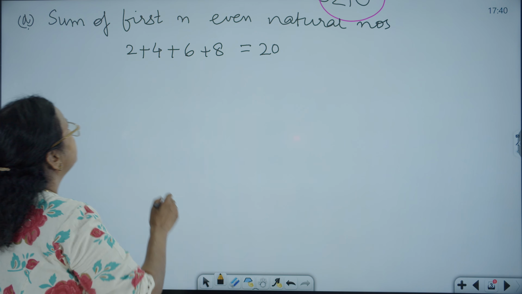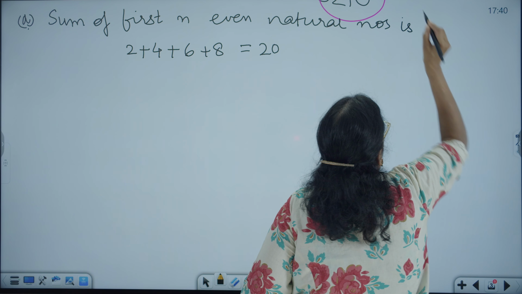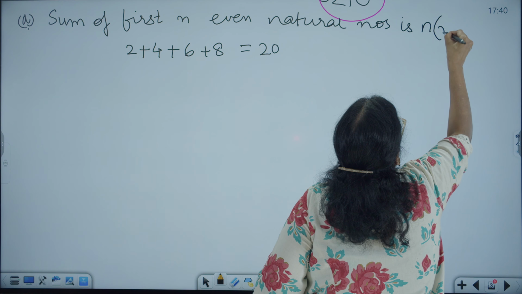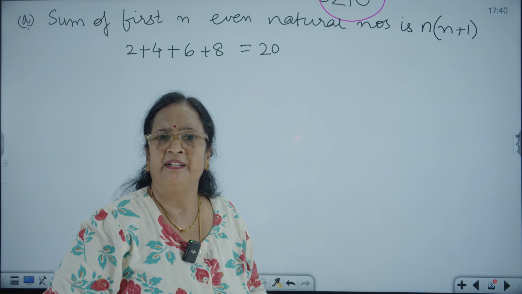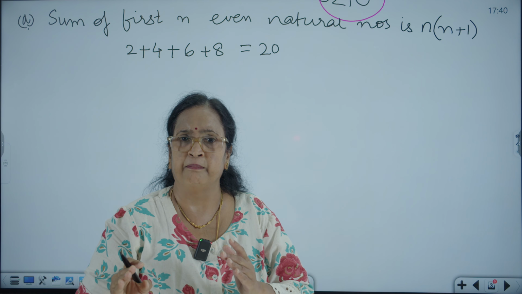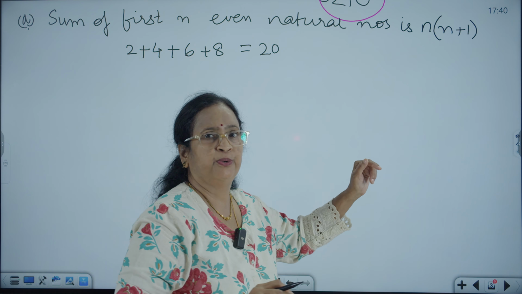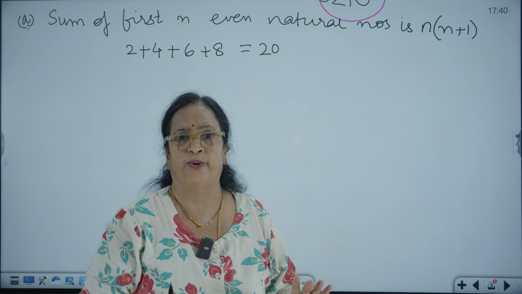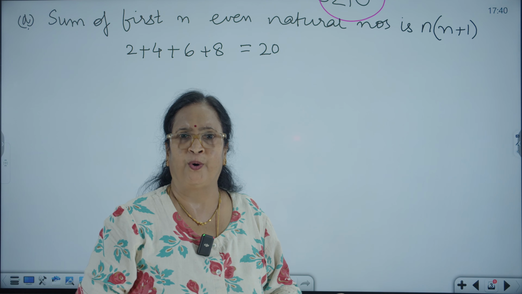The formula says sum of first n even natural numbers is n bracket n plus 1. So simple. The previous one, sum of n natural numbers, no even, no odd, all are there, that is divided by 2. Here only by 2 is not there. n bracket n plus 1, that is all.